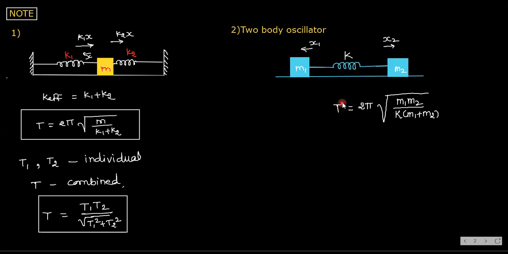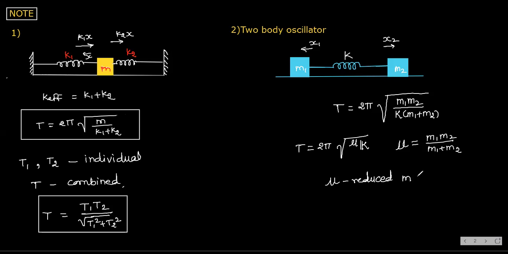Then in this case the time period T is equal to 2 pi under root m1 m2 by k into m1 plus m2. Okay, so if I substitute this value again, then T is equal to 2 pi under root mu by k, where mu is nothing but m1 m2 by m1 plus m2, and this mu is called reduced mass.